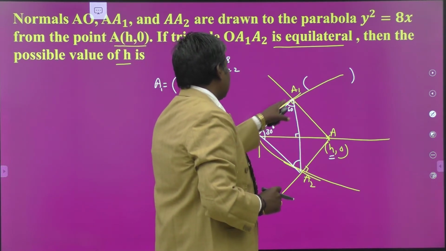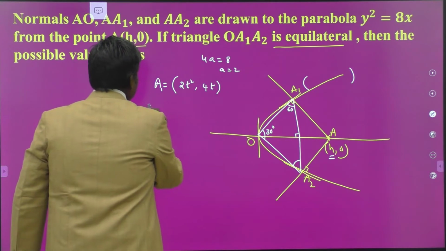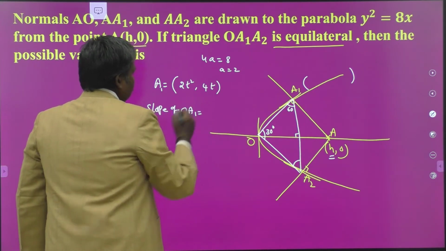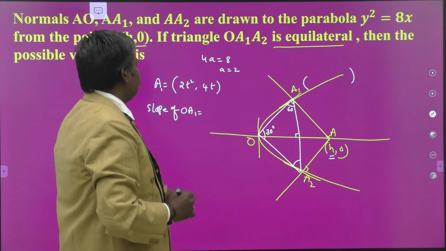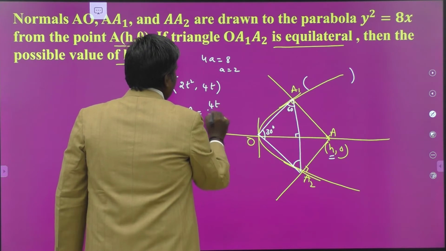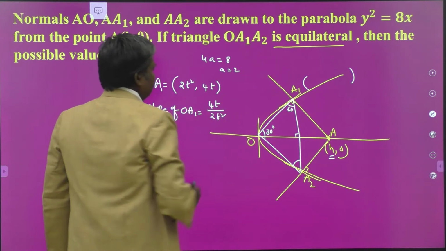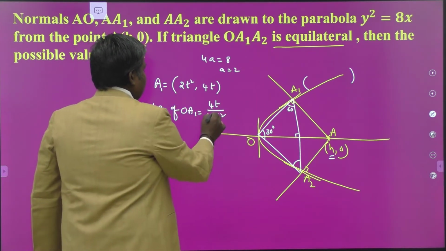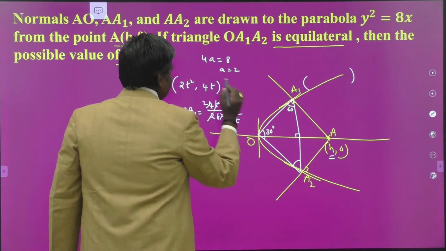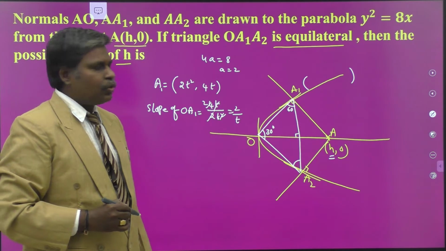Now what is the slope of OA1? Slope of OA1 is equal to (y2 minus y1) by (x2 minus x1). That is 4t by 2t square. So t gets cancelled, that is 2 by t.